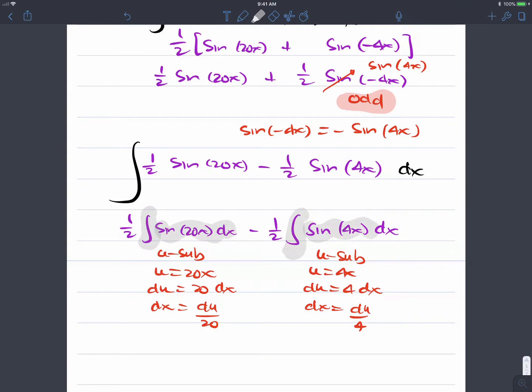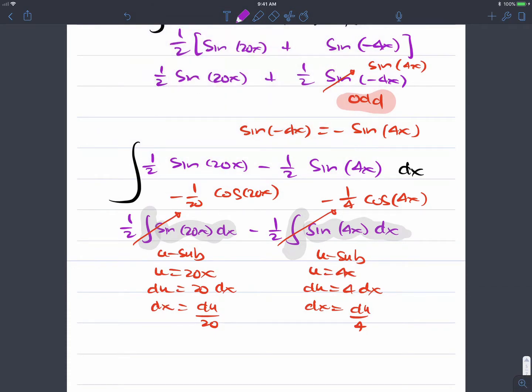This is what I'm going to determine here, these integrals. So let's remember here, this will be 1 over 20, and it'll be negative cosine 20x. This would be negative 1 over 4 cosine of 4x by u substitution.